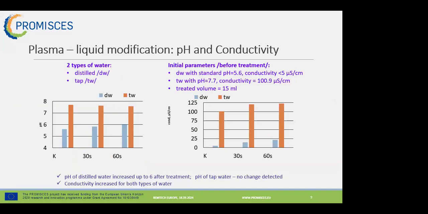The result of all experiments shows that first the plasma modifies the liquid that is treated, changing the pH and the conductivity. Of course, if we are using distilled water, the pH is changed. If we are using tap water, the pH stays the same. But concerning the conductivity, it increased for both distilled and tap water.